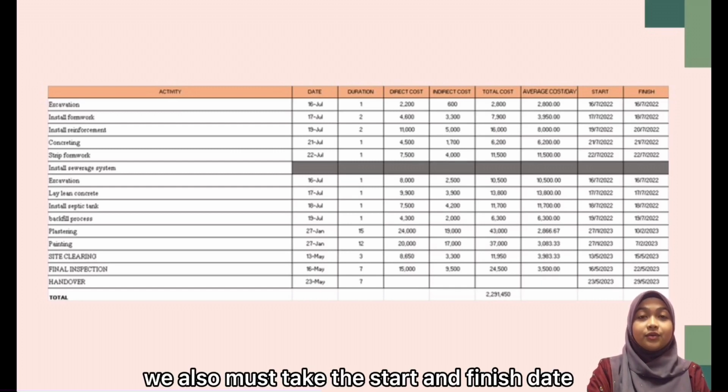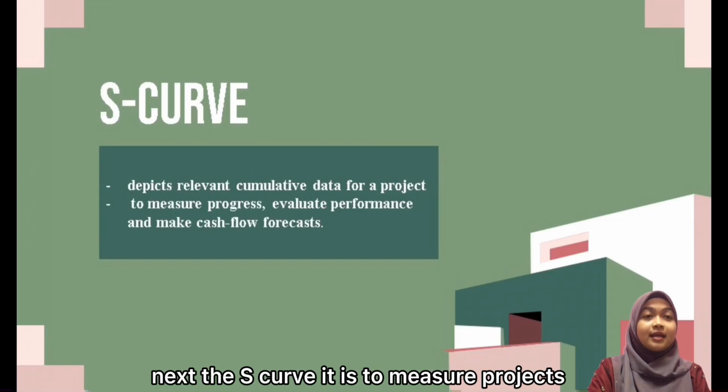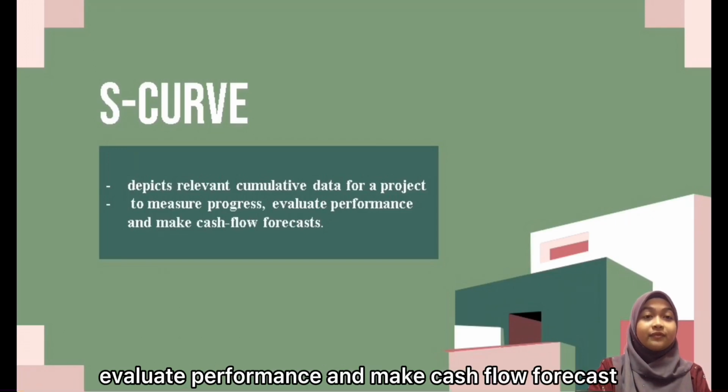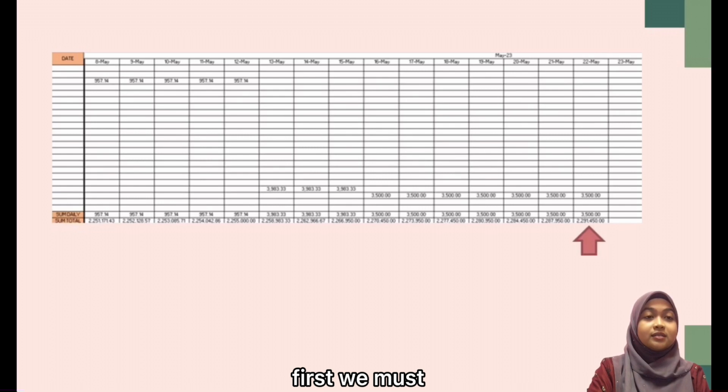Not forget, we also must state the start and finish date for each activity. Next, the S-curve. It is to measure projects, evaluate performance and make cash flow forecasts. To get the S-curve, first we must know the sum daily and sum total.